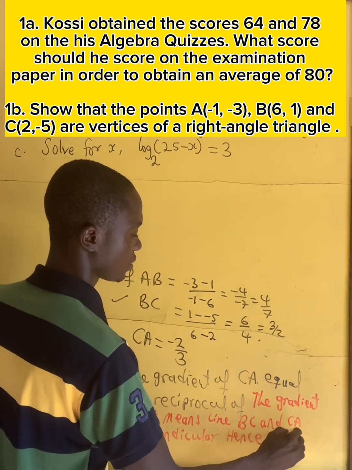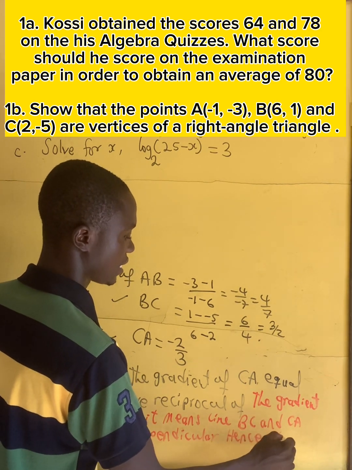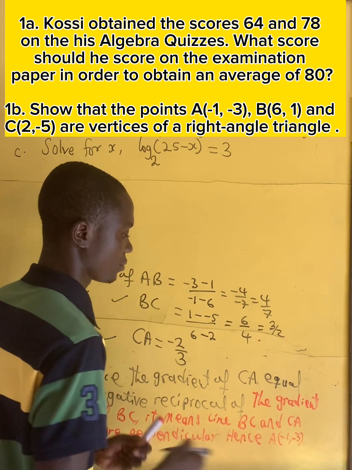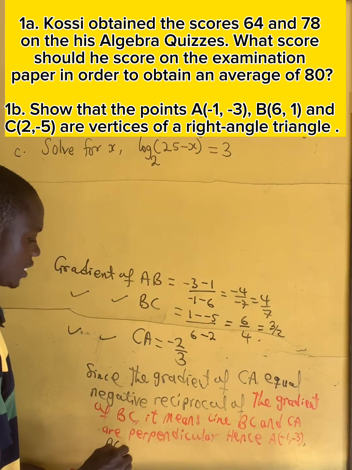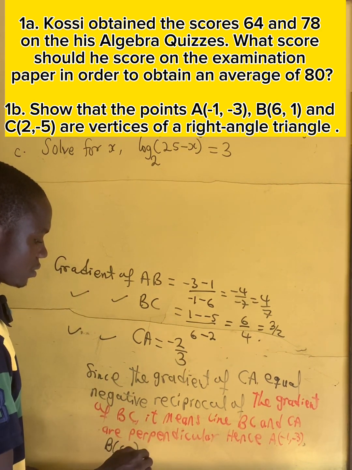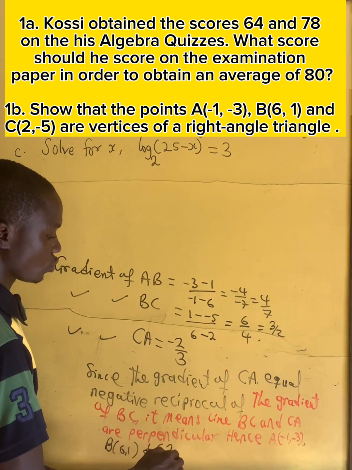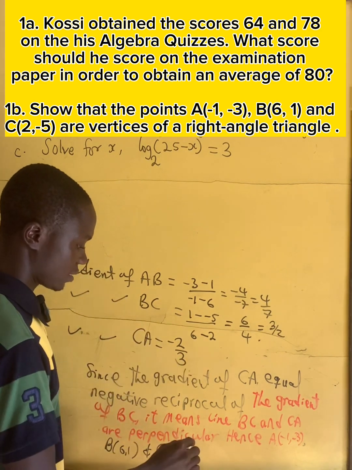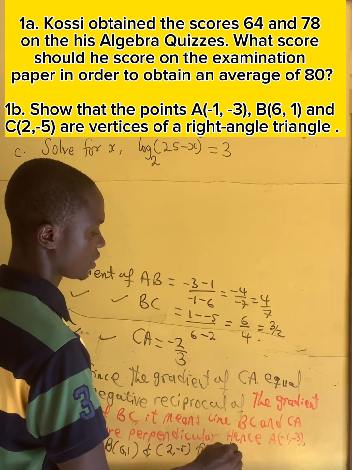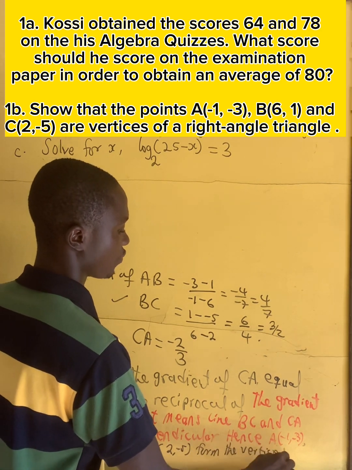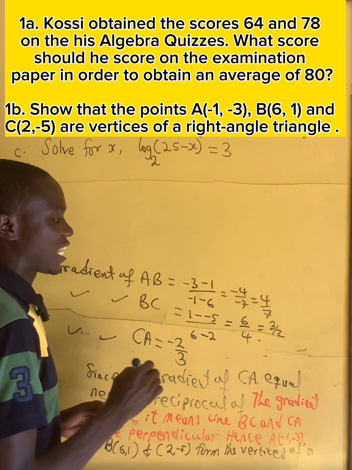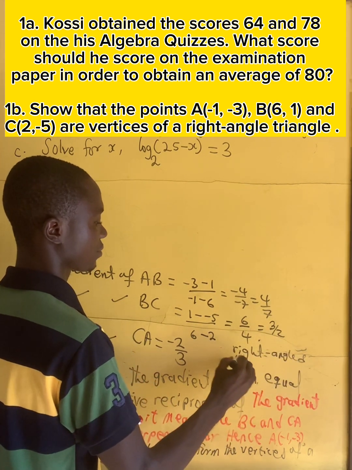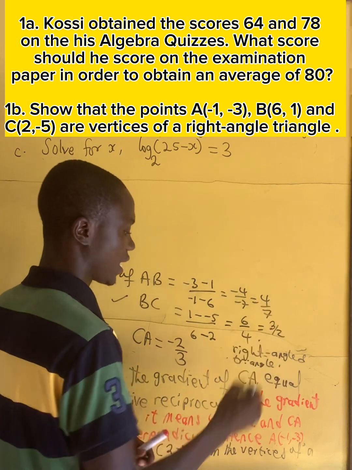Hence, A, negative 1, negative 3, comma, B, 6, 1, and C, 2 minus 5, form the vertices of a right angled triangle.